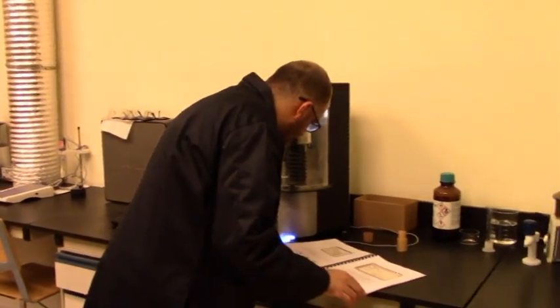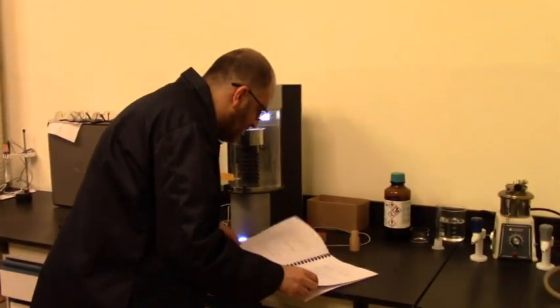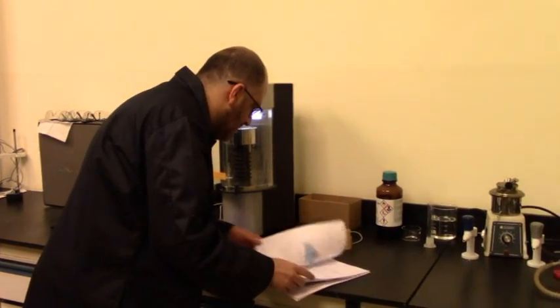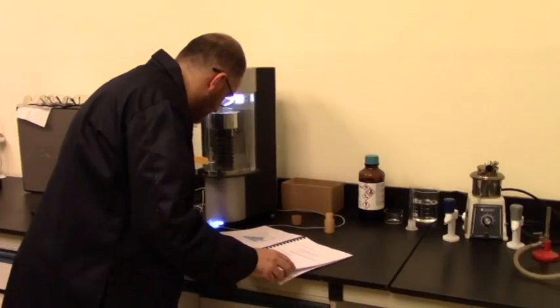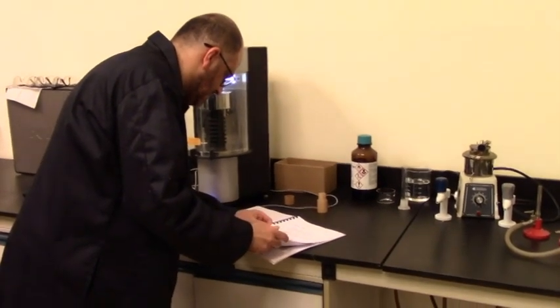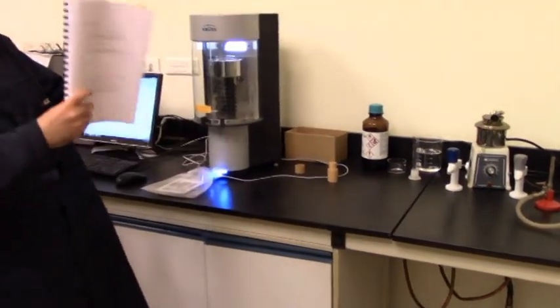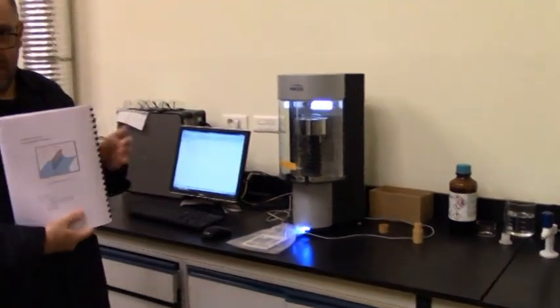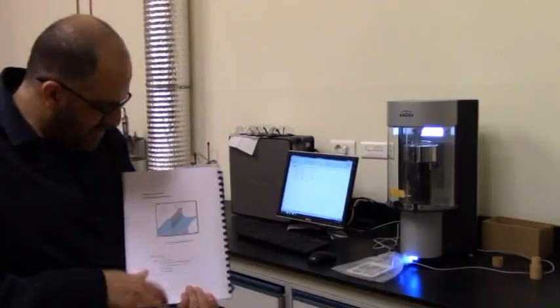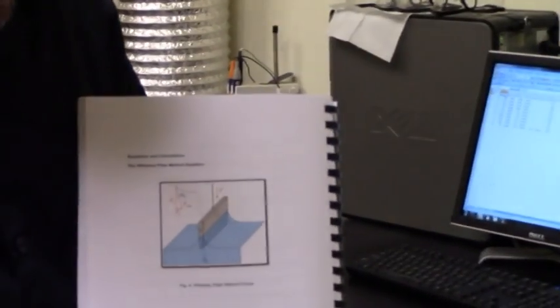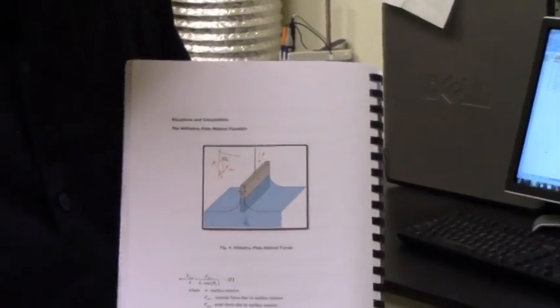Then we are instructed in the experimental part. So in this part, we have the shape, we have seen this lamella which is pulling upward by the plate.